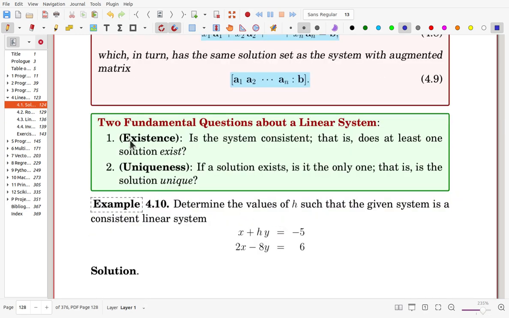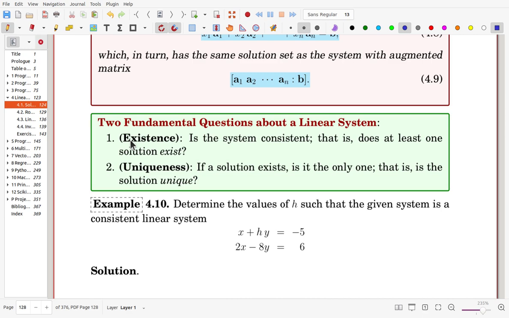In linear algebra, we have two fundamental questions for solving linear systems. The first one is existence. You may ask, is the system consistent, or does at least one solution exist?